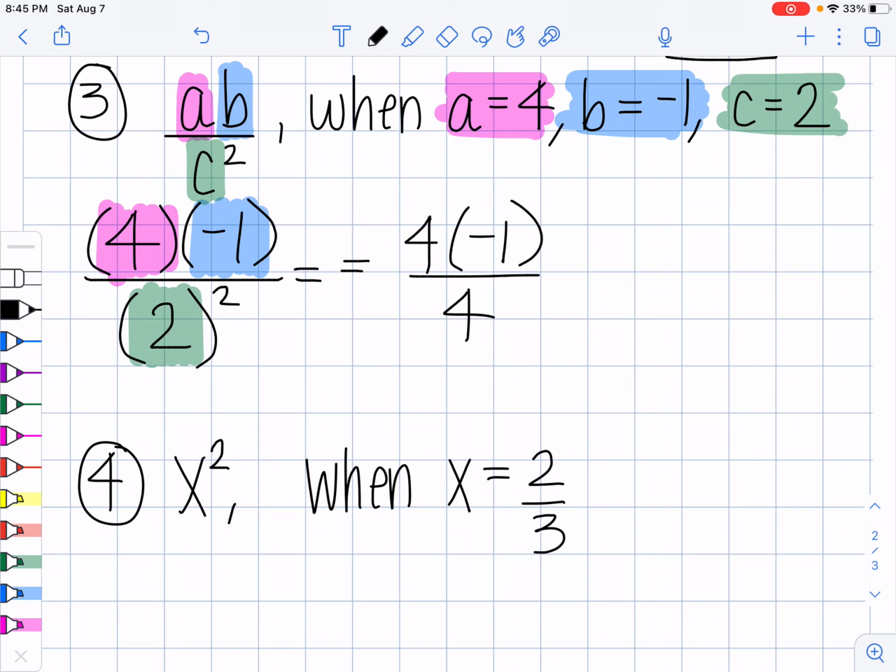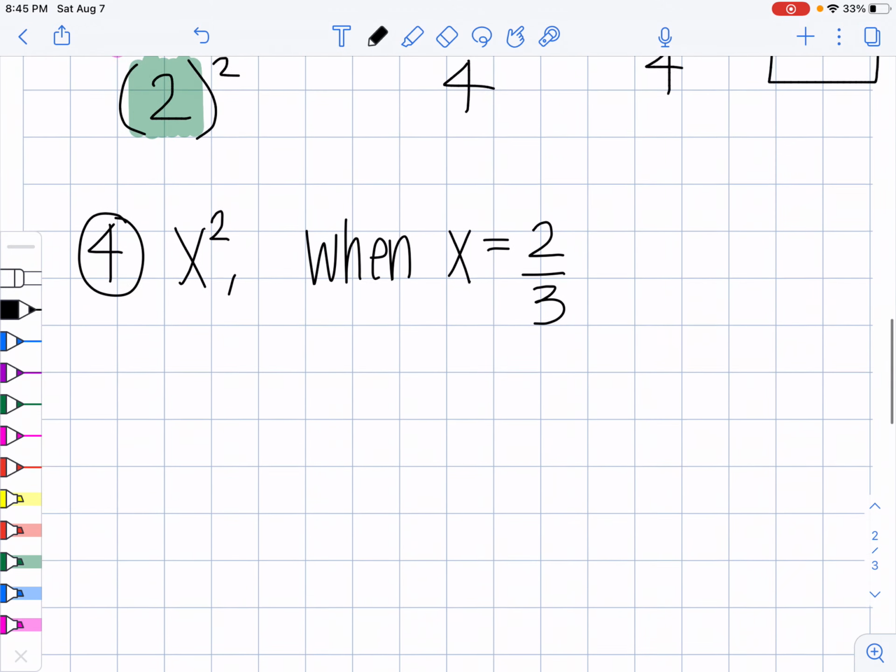So I'm just going to start at the top. 4 times -1 gives me -4 divided by 4. And -4 divided by 4, remember, a negative divided by a positive is a negative. And 4 divided by 4 is 1, so that's -1. Final answer.